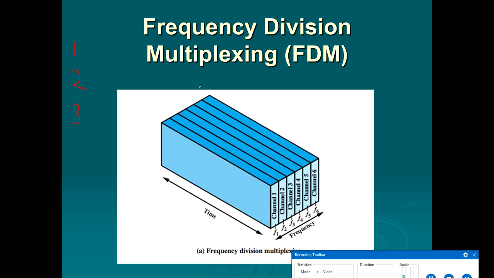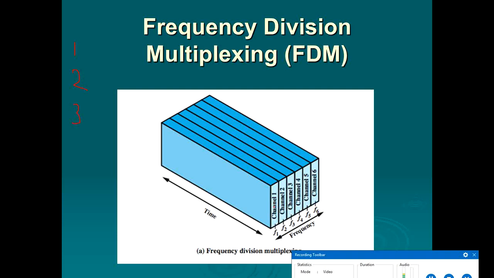So in frequency division multiplexing, the signals having different frequency but the same wavelength and the same phase will be combined together. That means the signals have a different frequency range now. Frequency division multiplexing is possible when useful bandwidth of the transmission medium exceeds the required bandwidth of the signals to be transmitted. So in this case, the signals are multiplexed according to the frequency.